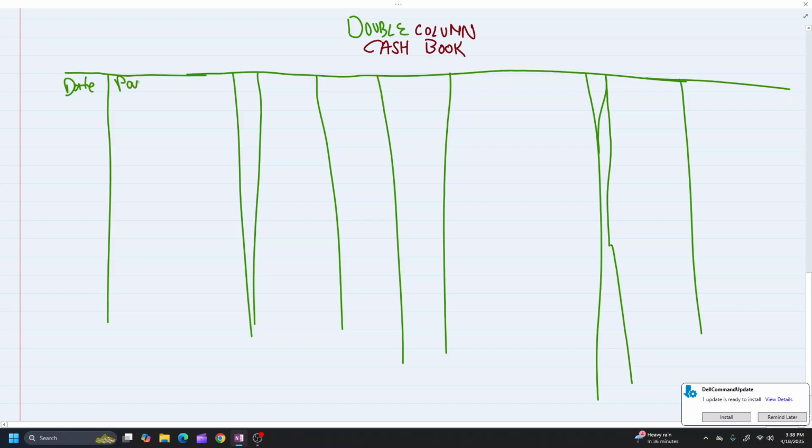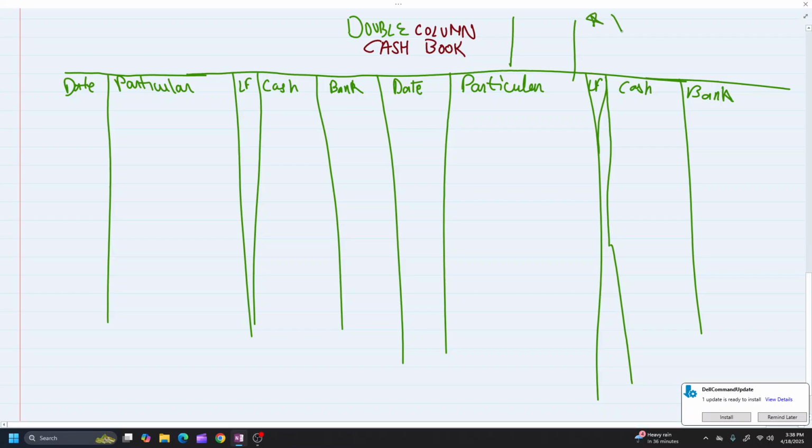Date, particular, LF, cash, bank. Date, particular, LF, cash, bank. Now what can you see as the difference from your single column cash book and double column?